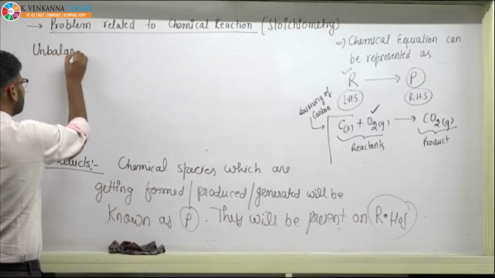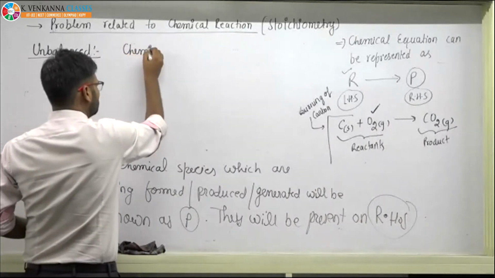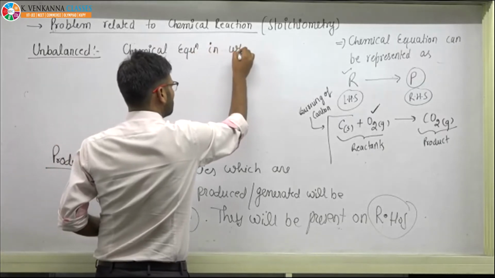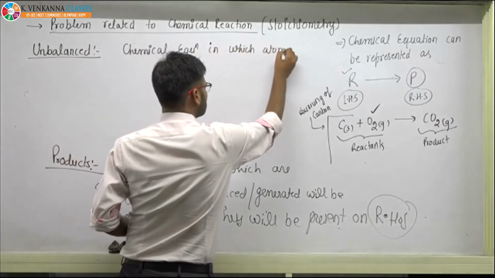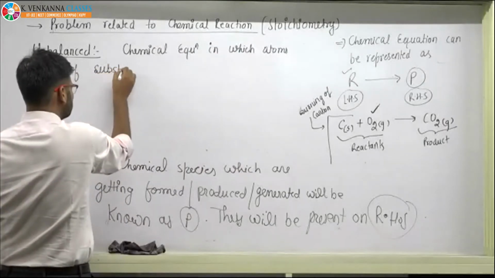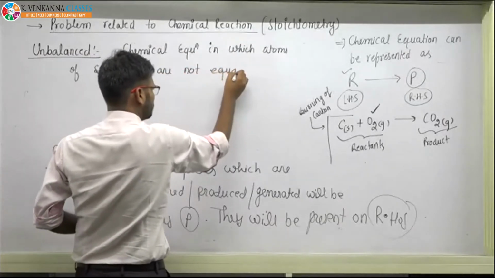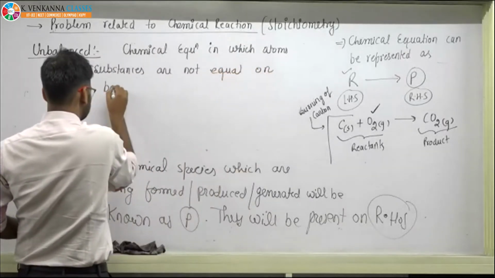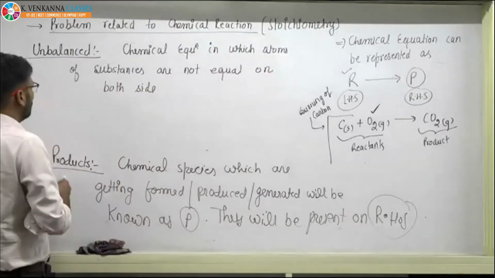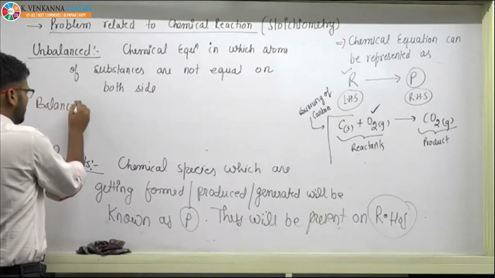Unbalanced: a chemical equation in which atoms of substance or species are not equal on both sides, right? On similar lines, balanced reaction will be understood.